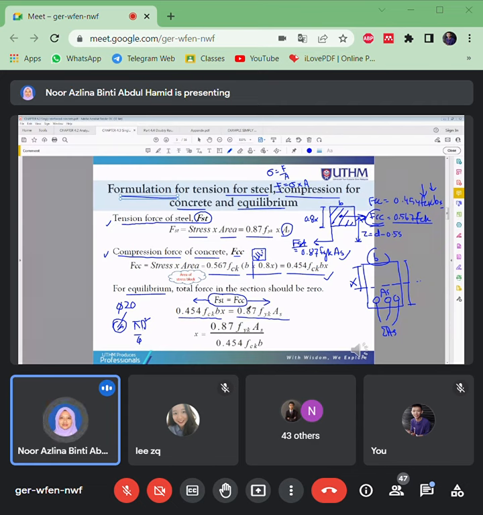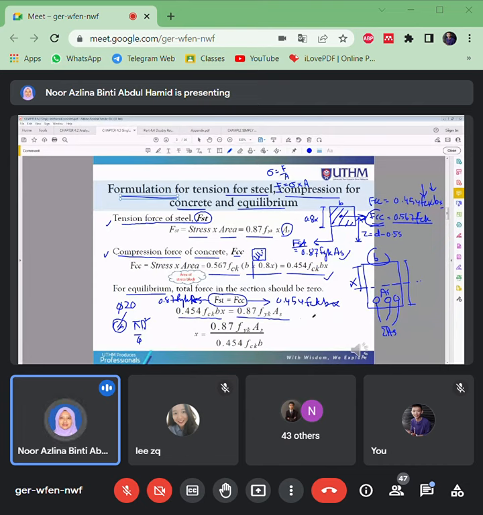This is reversed. So I can correct this. FCC should be 0.454 FCK BX. FST is 0.87 FYK AS.